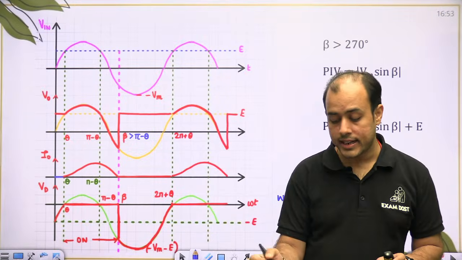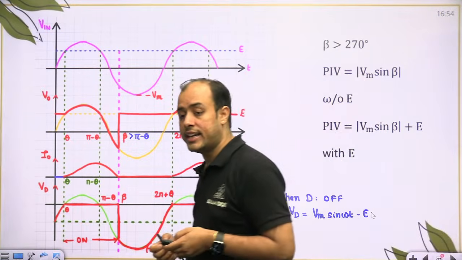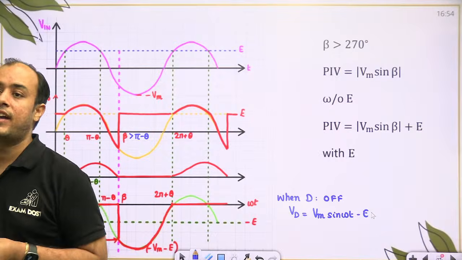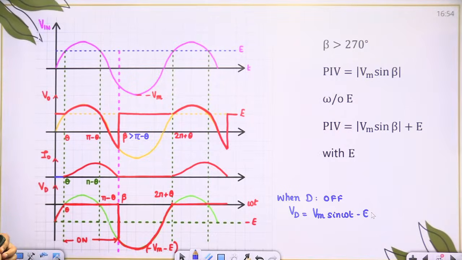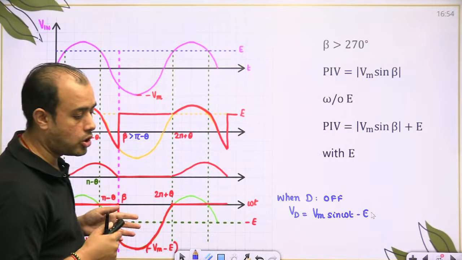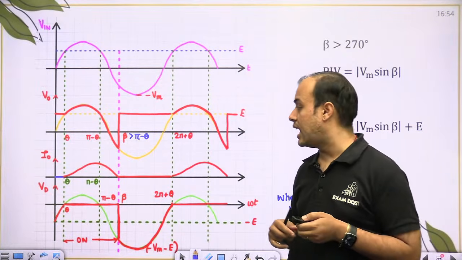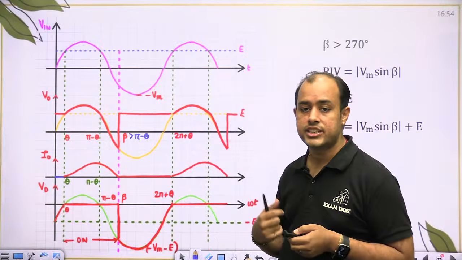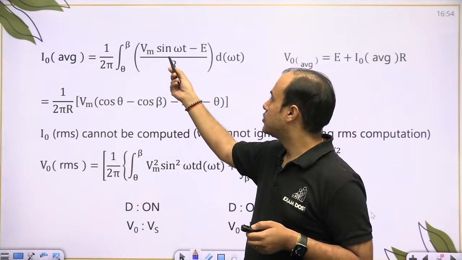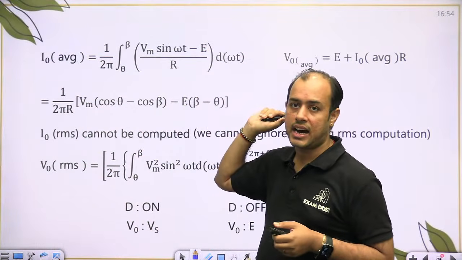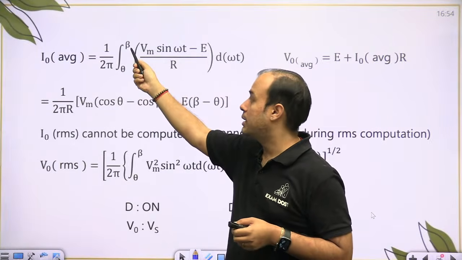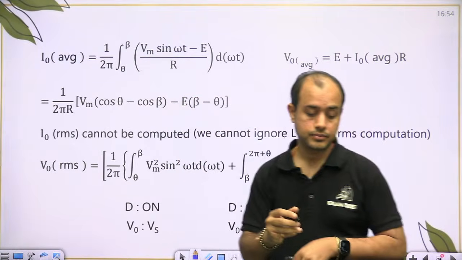Now still you can calculate the average current very easily beta, very easily, because when you are talking about average current, you can directly take the R, because in average inductor does not appear. So same as a RE load, but upper limit is beta. ठीक है?